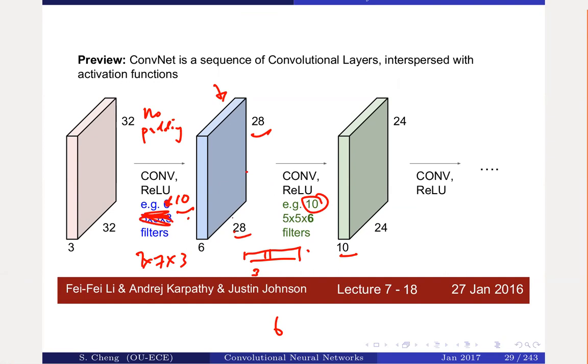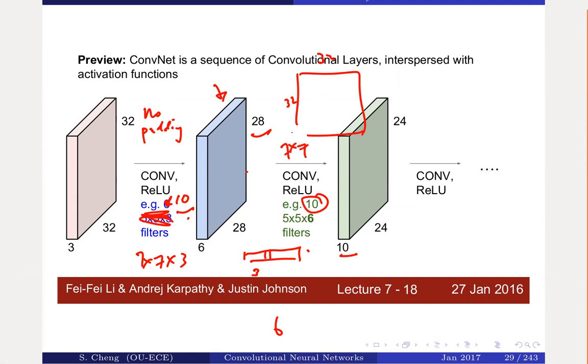And usually you can pad whatever you want. If you don't want the size to shrink, I can pad some zeros at the boundary. Let's say I start with 32 by 32 and my filter is 7 by 7.